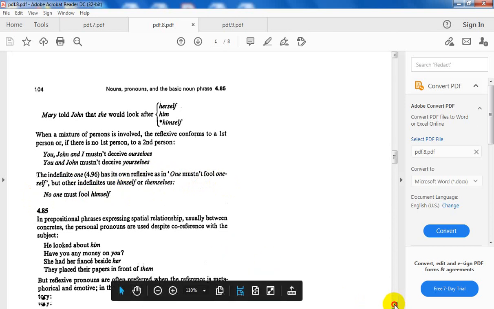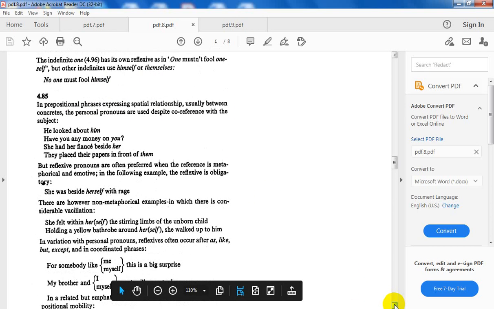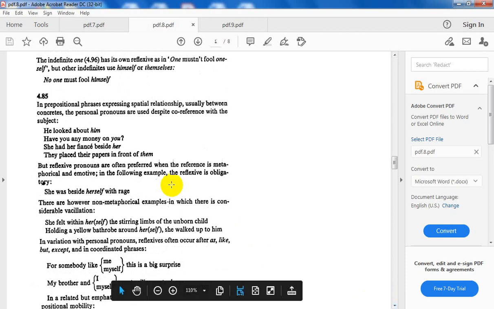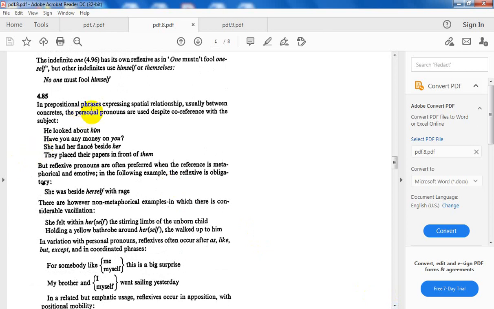Again, there is what is called metaphorical use for the reflexive pronoun, which is another usage for the reflexive. In prepositional phrases expressing spatial relations, I mean space, distance, usually between concretes, something touchable, the personal pronouns are used despite co-reference with the subjects.